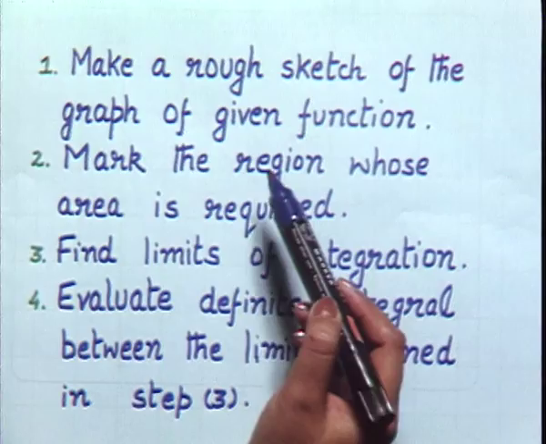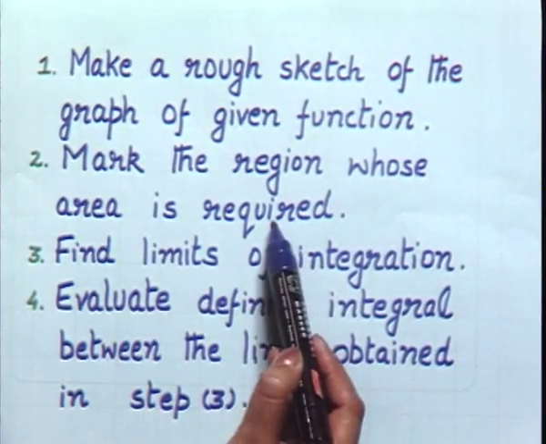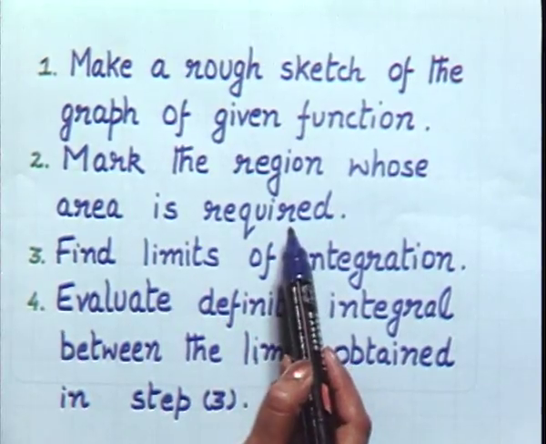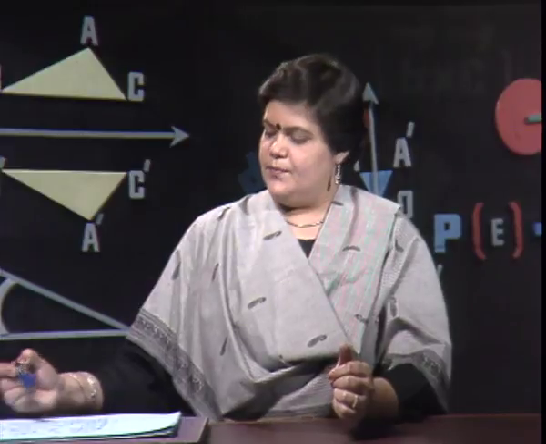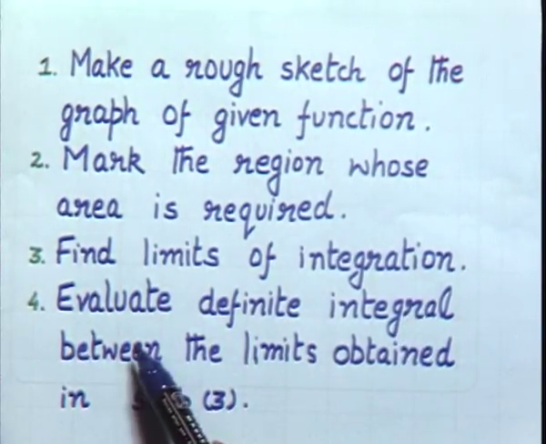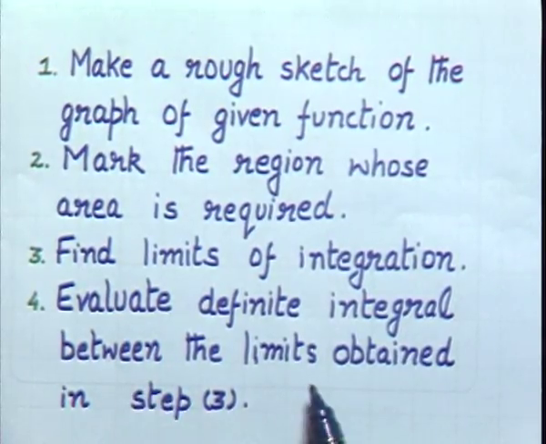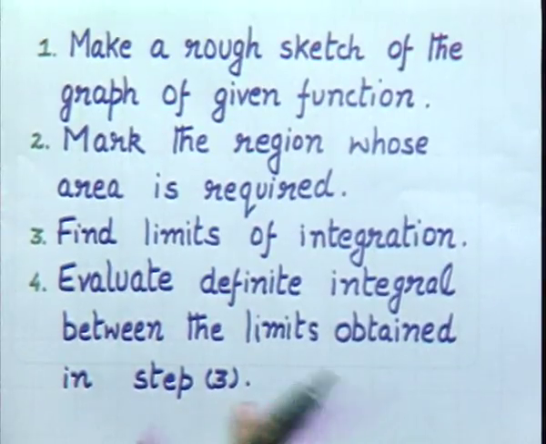We first drew the circle, marked the region whose area is required, and used symmetry at this level to understand where we can save work. Then find the limits of integration, and then lastly, evaluate the definite integral between the limits obtained in step number 3. If you keep these steps in mind, your work will become a very simple task.